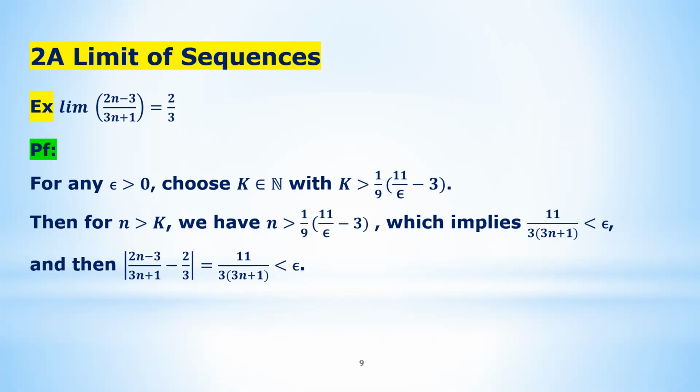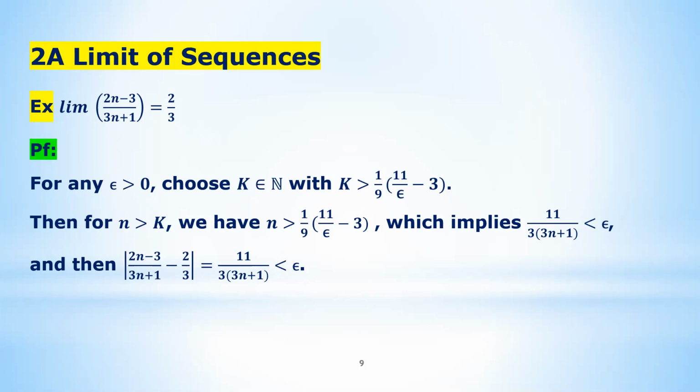And therefore, you can go to the final inequality. So the difference between the term and the limit, which is equal to 11 over 3 times (3n + 1), will be less than epsilon. So that's the formal writing of the proof.